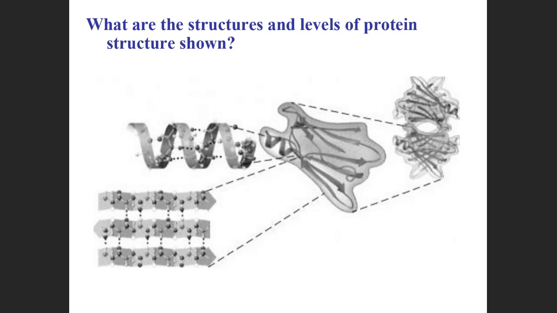When it comes to the levels of protein structure, the primary structure is just the sequence of amino acids. What do we call this structure here? Secondary structure.